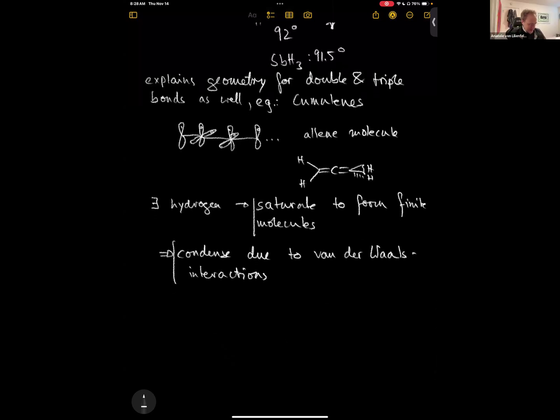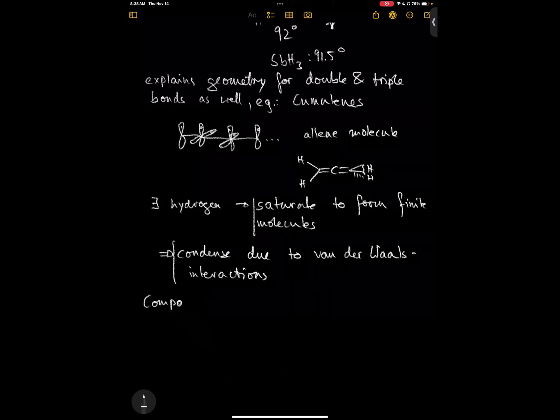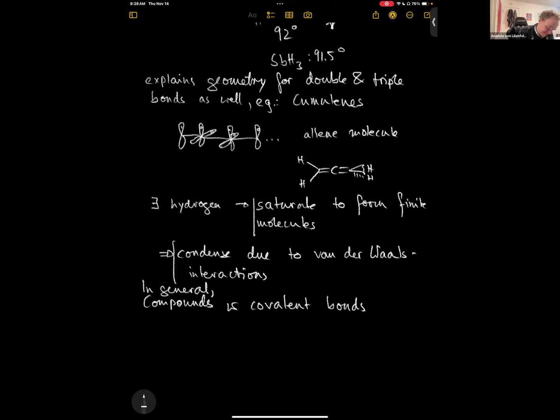So generally speaking, compounds with covalent bonds are typically rather volatile.